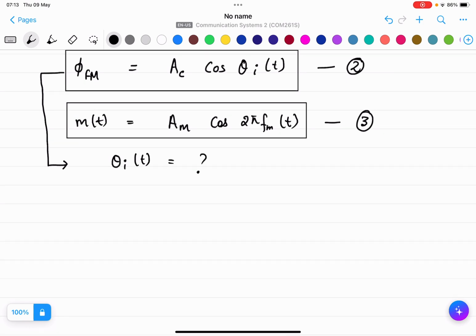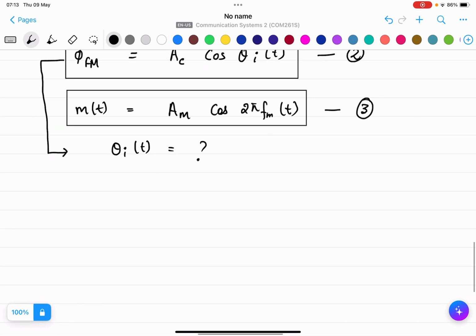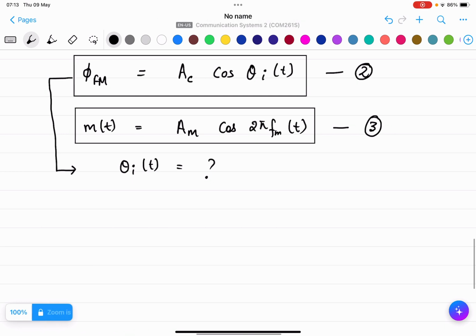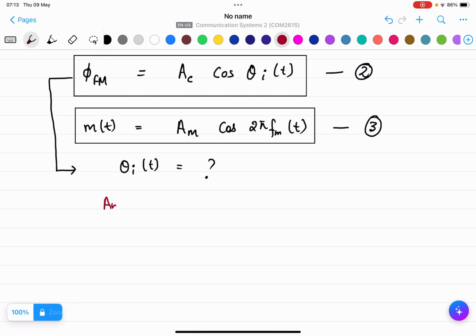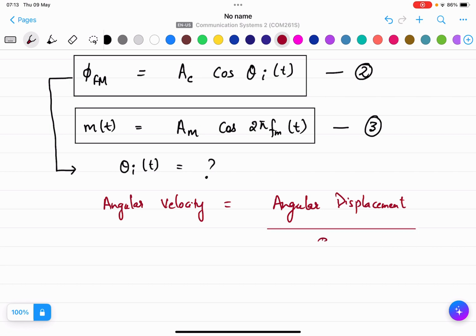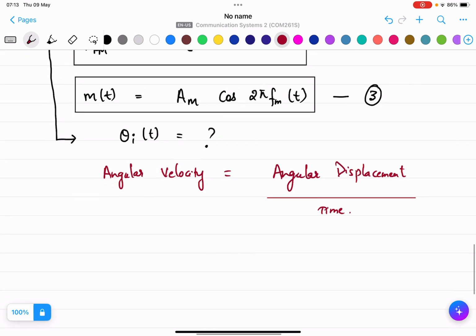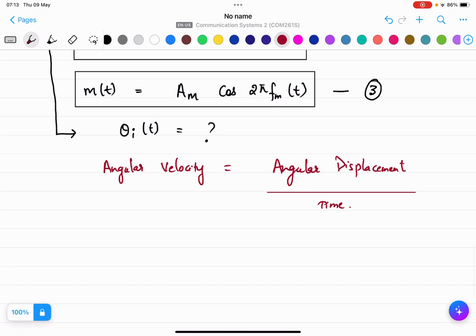Okay, how to find out? So basically we all know angular velocity equals angular displacement over time. Okay, we all know this formula, right? What is angular velocity?